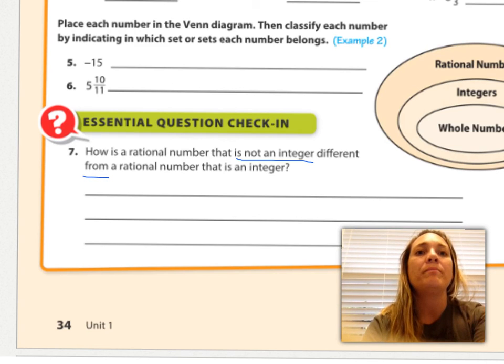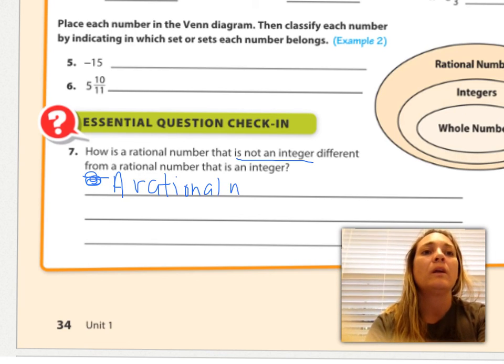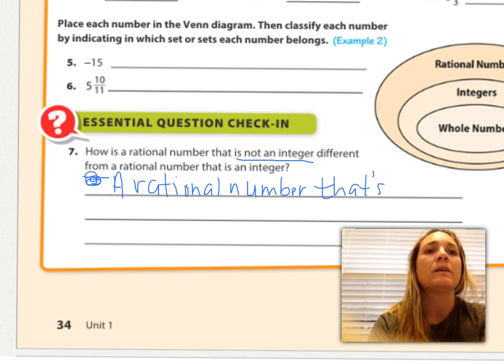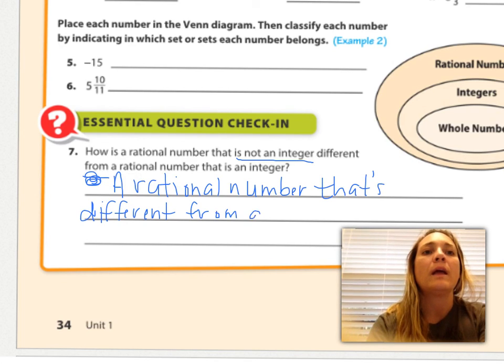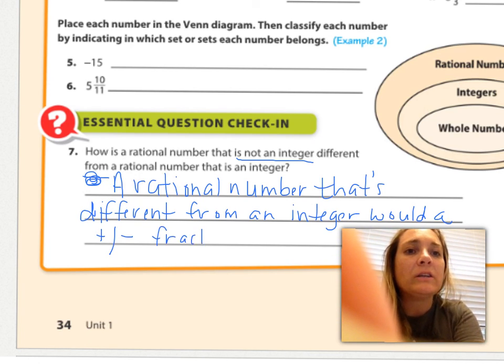It would be, and you want to write these down in your notes, a rational number that's different from an integer would be a positive or negative fraction or decimal.